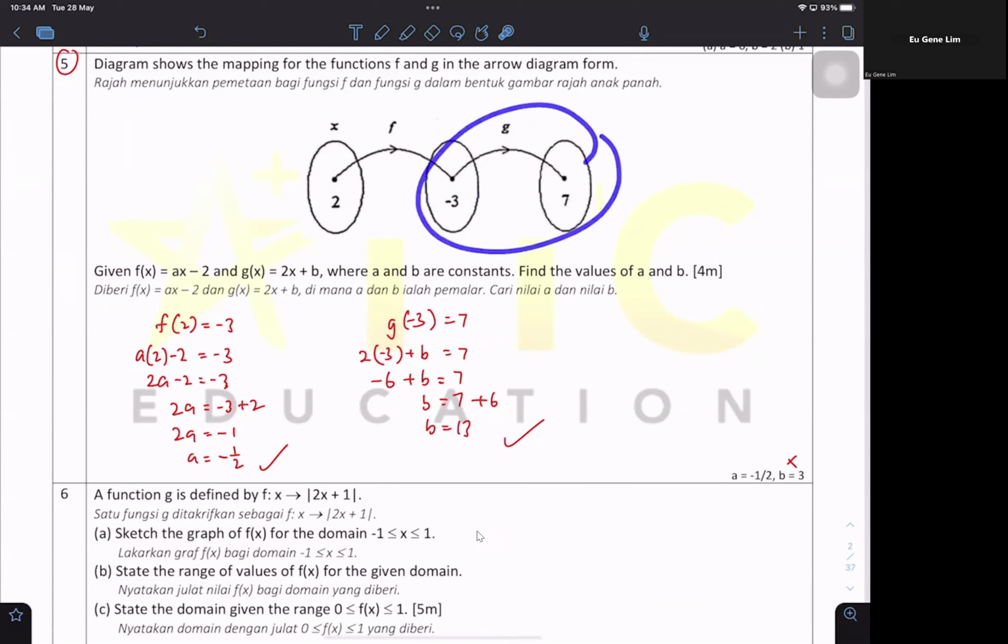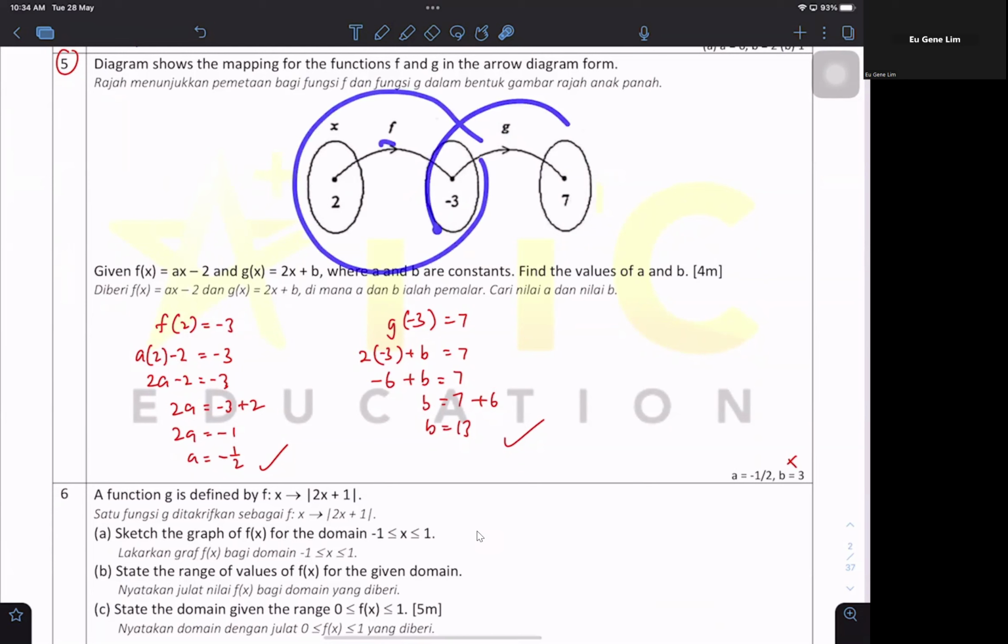Because this part is g. This part is f. This part is g, right? So you see, I write f(2) equals negative 3, g(-3) equals 7, because 2 goes through f and becomes negative 3, and then negative 3 goes through g and becomes 7.